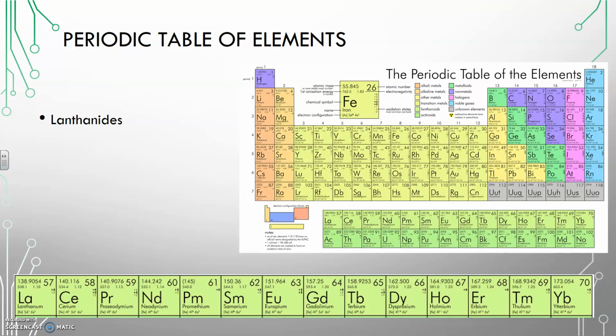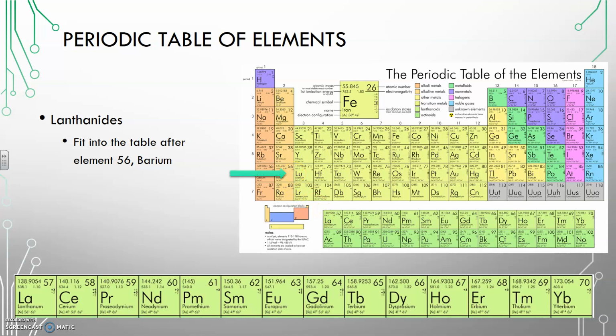And then next up, we have the lanthanides. The lanthanides are actually named after the first element in the series, lanthanum, element 57 here. They will fit into the periodic table right after barium, right in here.